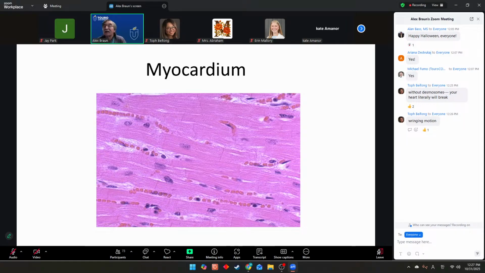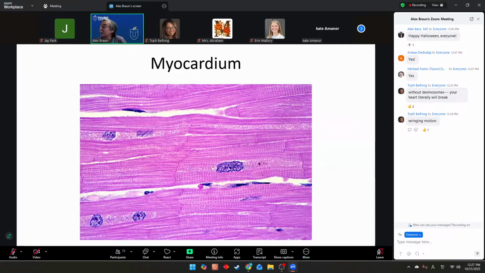Some other things you might see in cardiac muscle is that if you look carefully, often you will see granular material in a perinuclear position. That granular material is often glycogen because with cardiac muscle, you would like to have an energy source, even if it's not receiving enough oxygen at the moment.